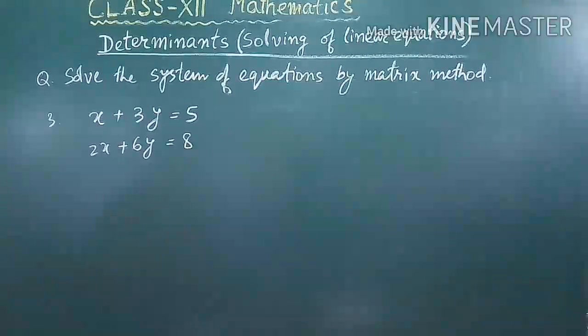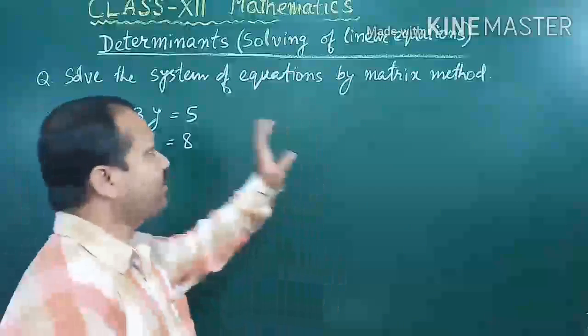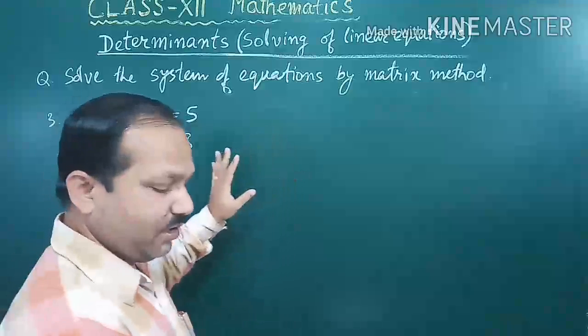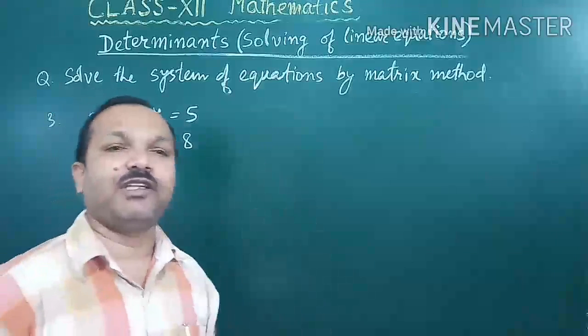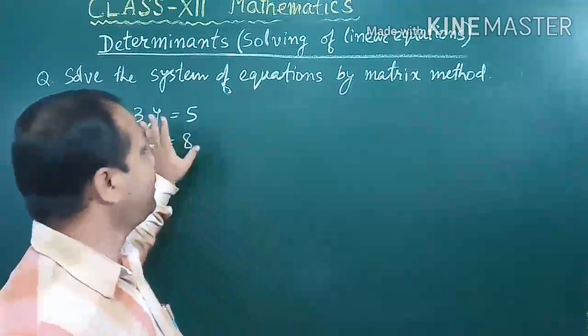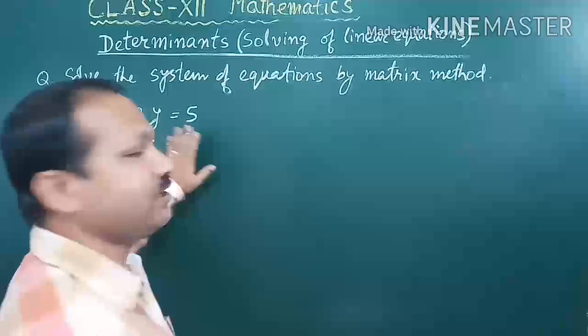So in exercise 4.6, the first 6 questions are given. You have to examine the consistency of the system of equations, whether the system of equations is consistent or not. So how to check the consistency of this?